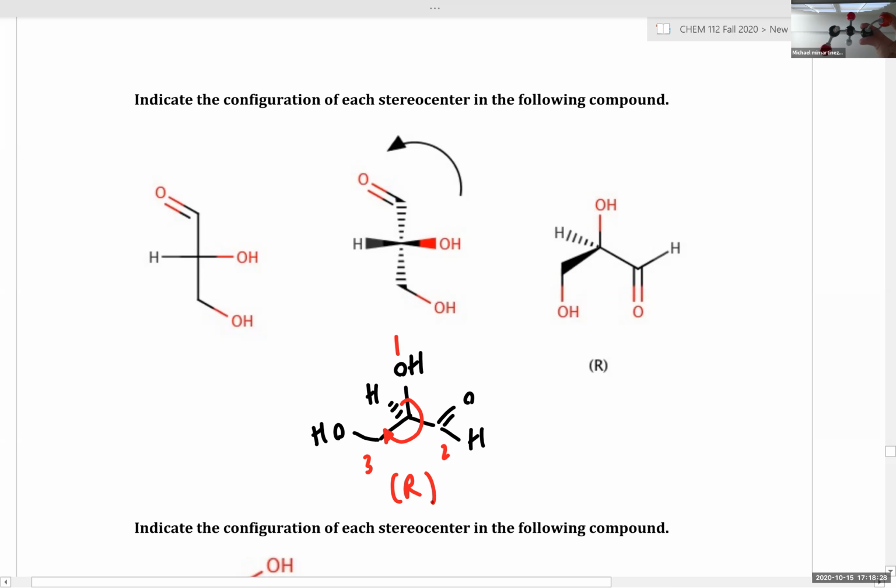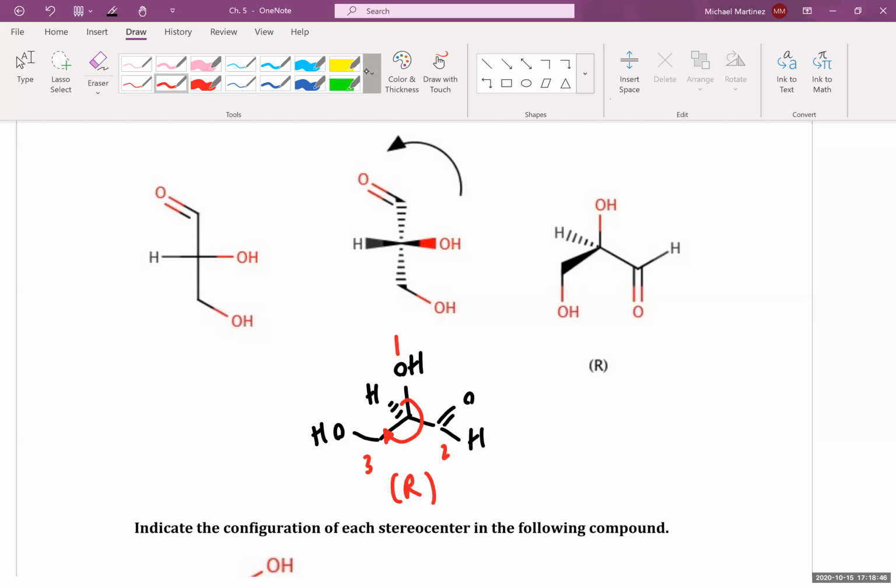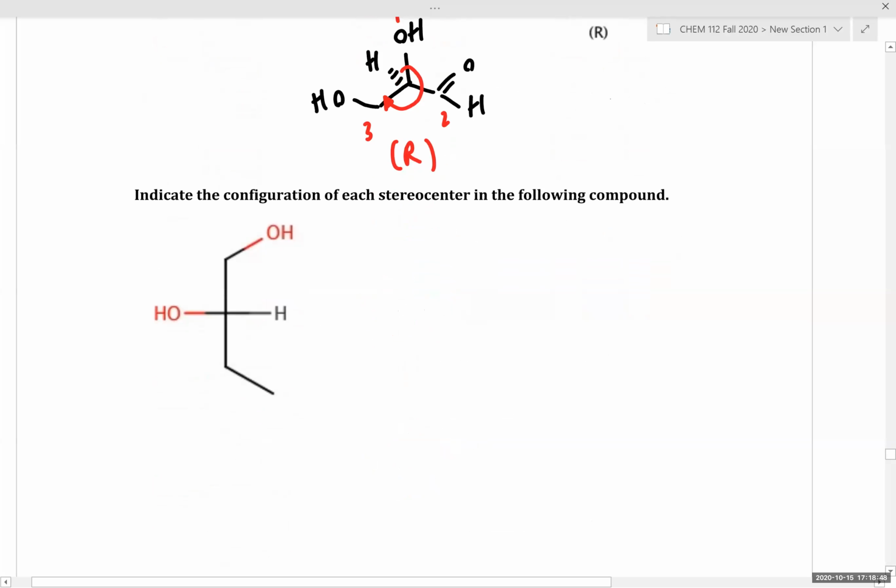Does that process make sense to everyone? So let's apply what we've learned here and tackle an example. I'd like you to take a look at the following compound, and indicate the stereochemistry and assign the configuration of our single stereocenter in this molecule.